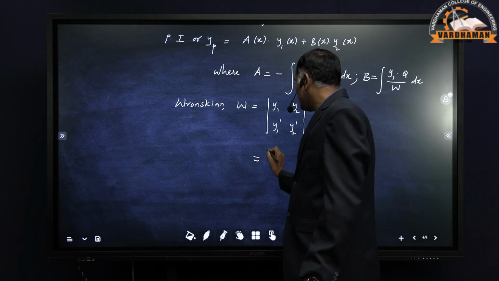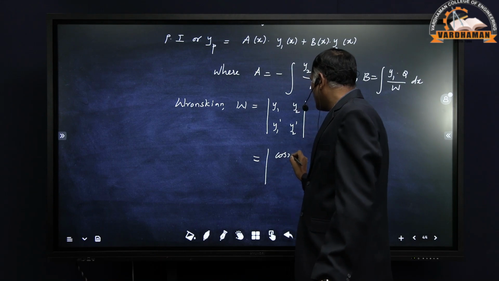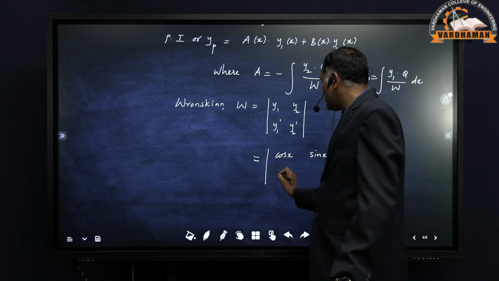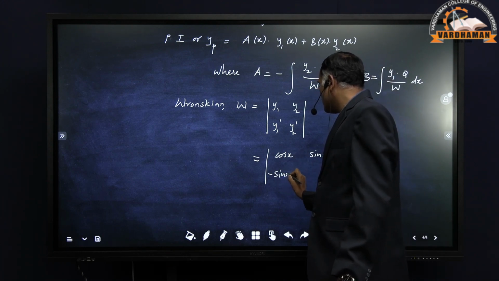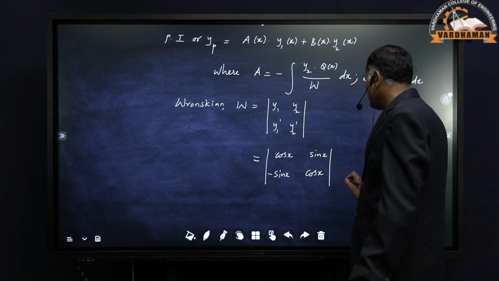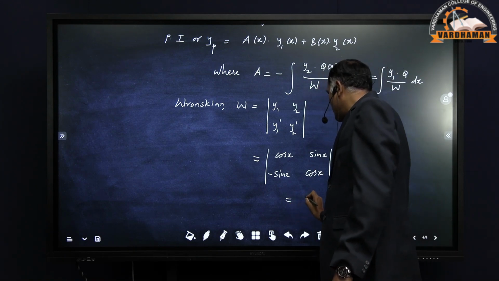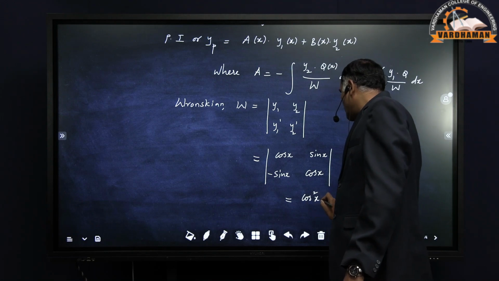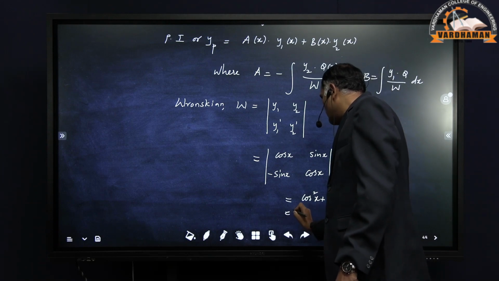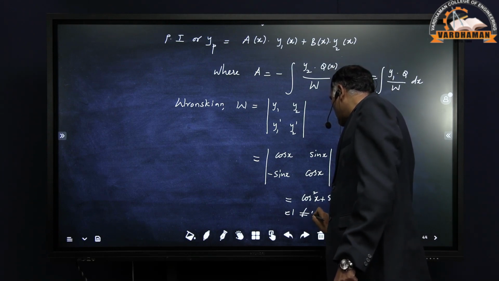Here y1 is cos x, y2 is sin x. Now the derivative of cos x is minus sin x, and the derivative of sin x is cos x. Let us find the determinant of this one. If we find the determinant, we get cos square x plus sin square x. This is nothing but 1. Clearly it is non-zero.